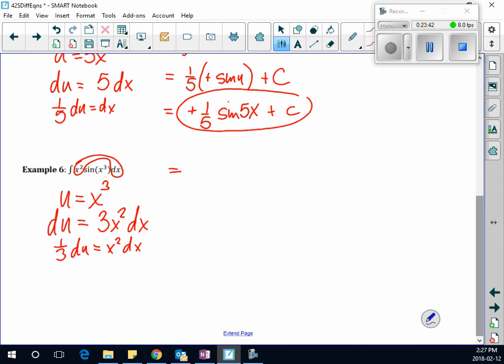So this would be 1/3 the integral. The x squared dx is going to get replaced with the du. Yes? And the sine x cubed is going to be sine of u.